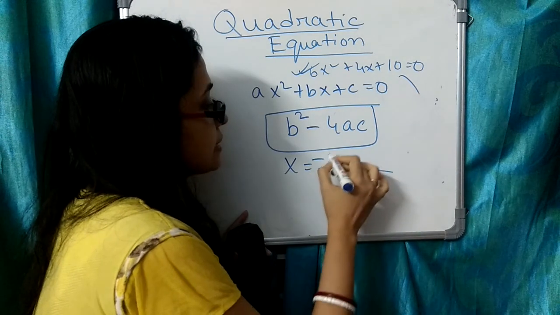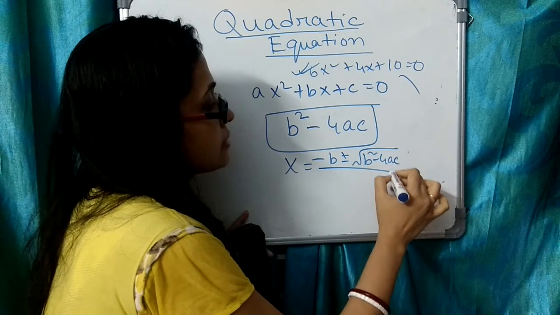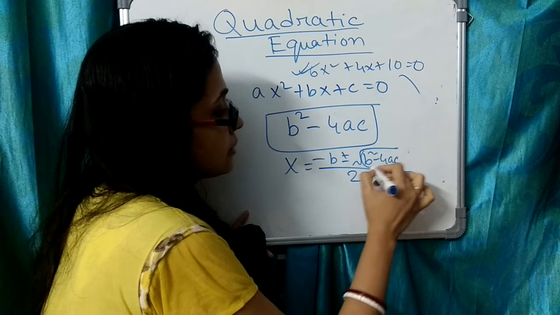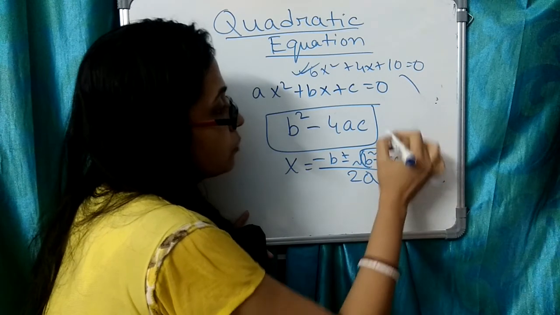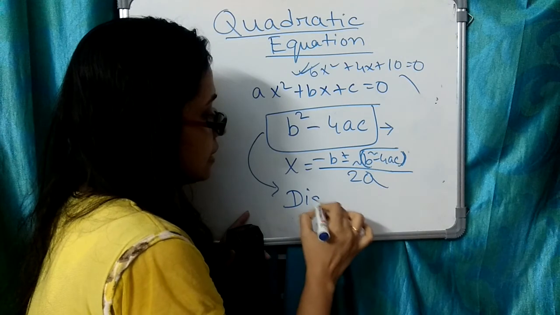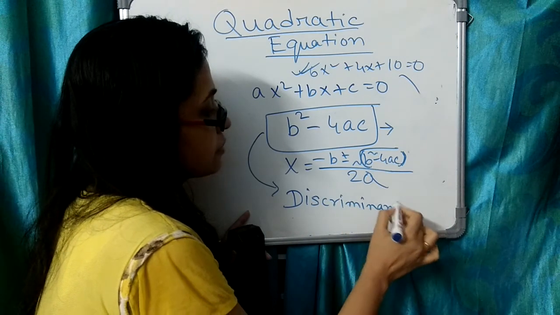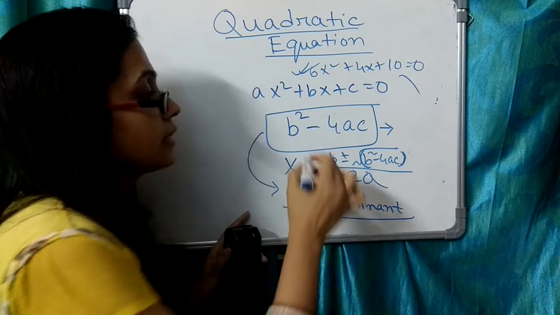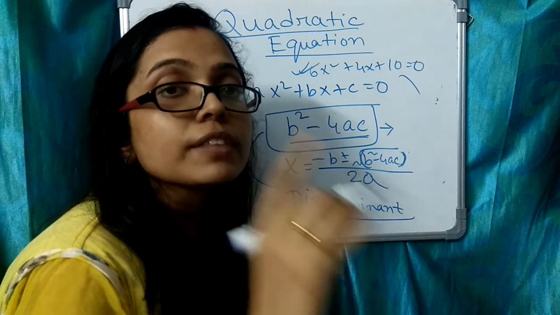I have already mentioned that the standard form is this, but this is the main part, which is also known as the discriminant. Discriminant means that with this only we will define the nature of the roots.